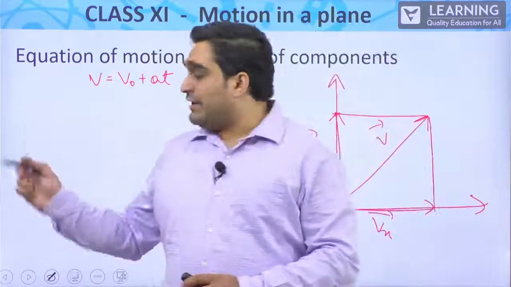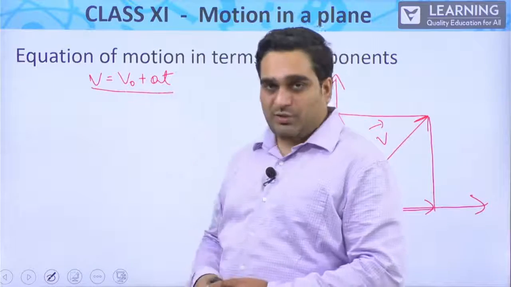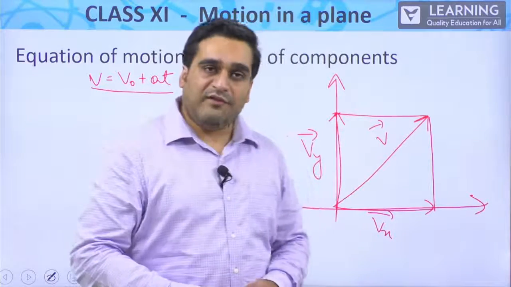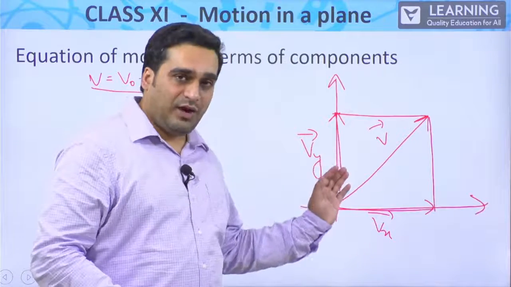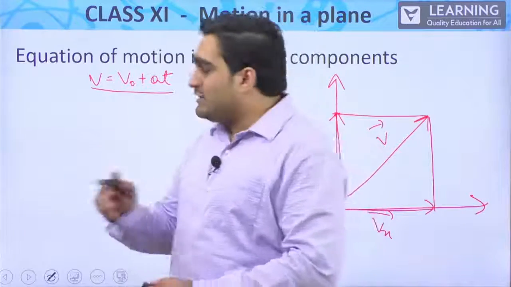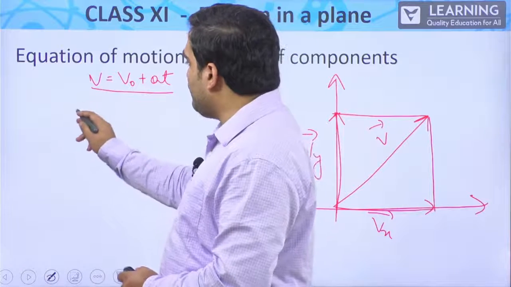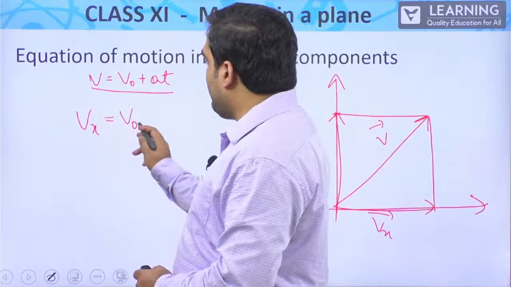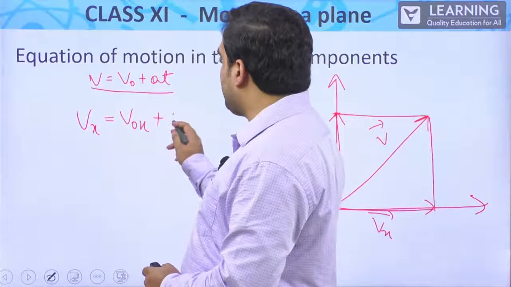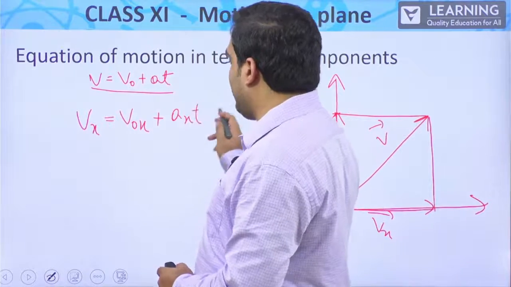So considering that we have such an equation, we have to find its respective components, x and y. For the x component, all I have to do is write Vx, which is V naught of x plus Ax of t.